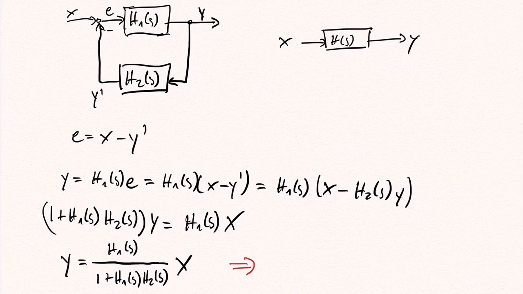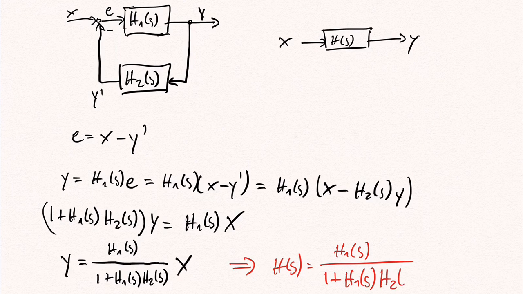This yields the final expression for the equivalent system h, which is given by h1 of s divided by 1 plus h1 of s times h2 of s.